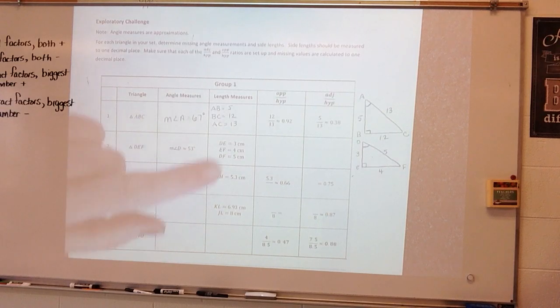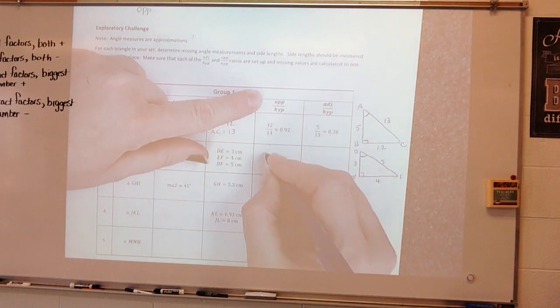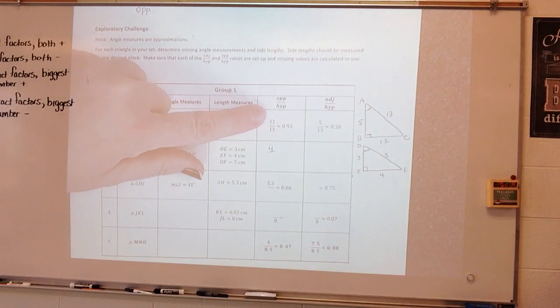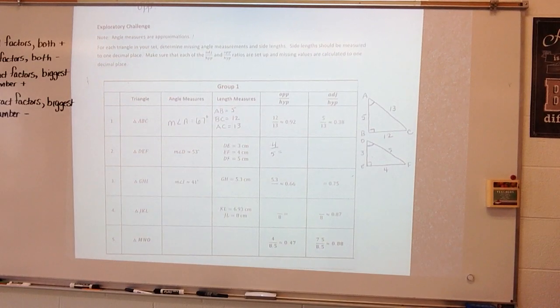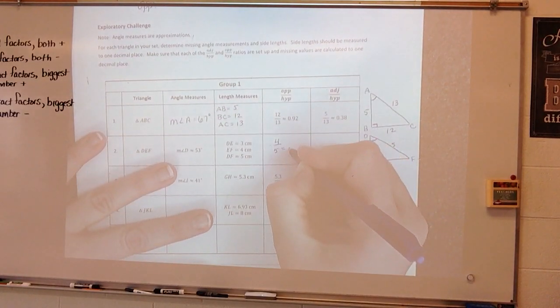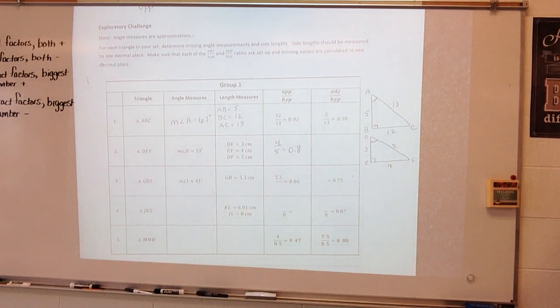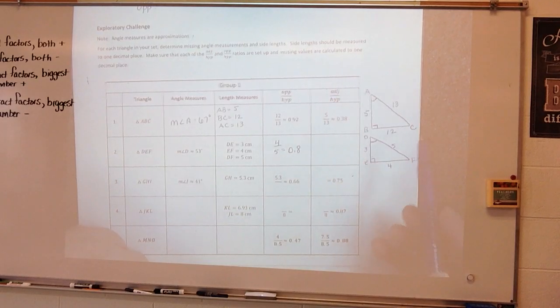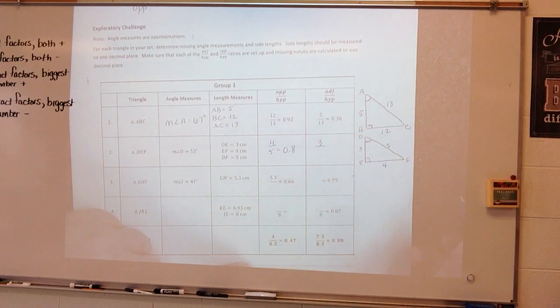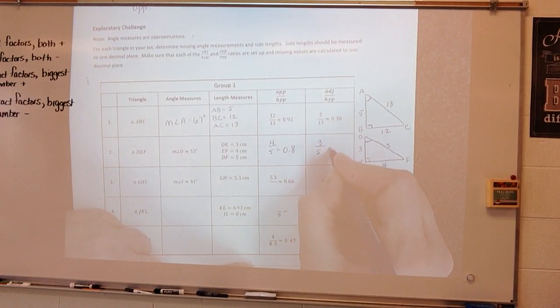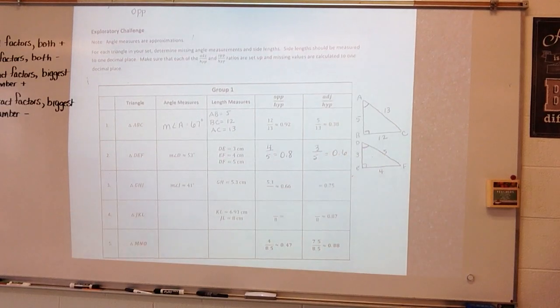So I want to do opposite. That would be 4 over the hypotenuse, which would be 5, and I'm going to divide that out. That gives me 8/10 because it says calculate to 1 decimal place. Then I've got adjacent. So angle D, my adjacent is 3 over hypotenuse, which is 5, and that divides out to 6/10.